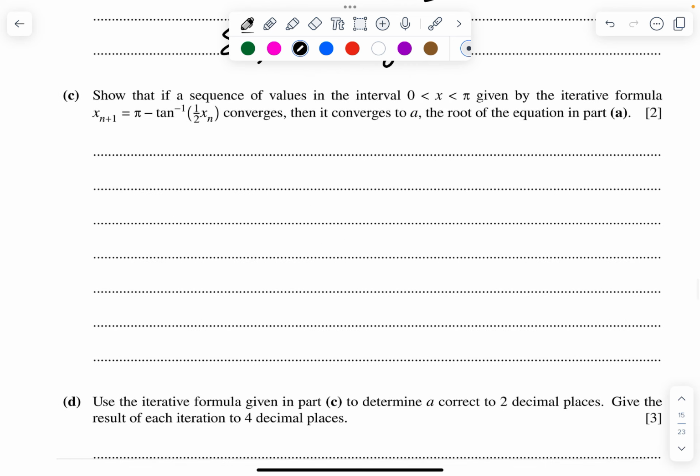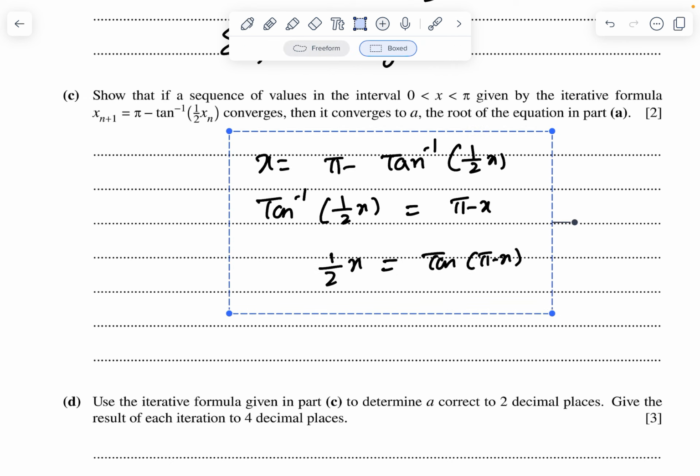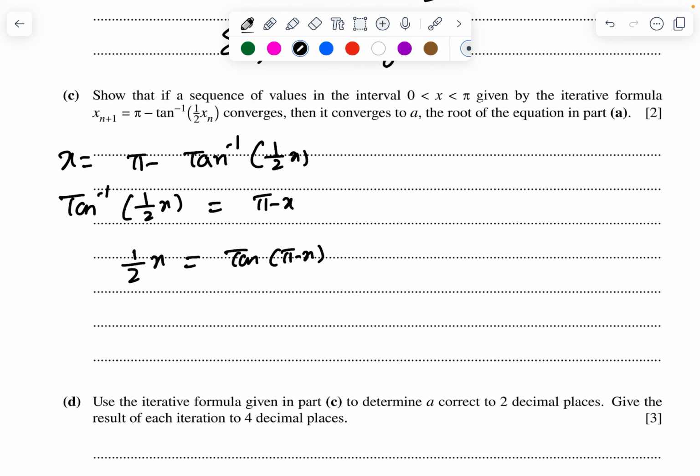Show that if the sequence in the interval given by the formula converges, then it converges to the root of this equation a. So x equals pi minus tan inverse half x. So tan inverse half x equals pi minus x. So half x equals tan of pi minus x. Now the tan of pi minus x formula we know.